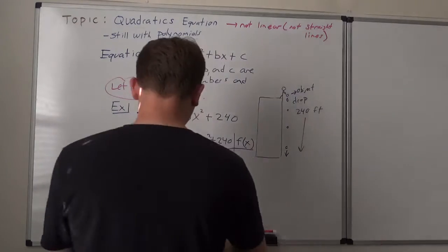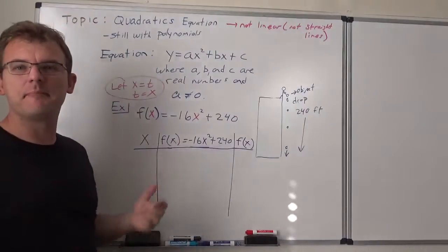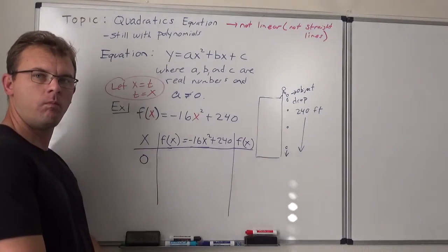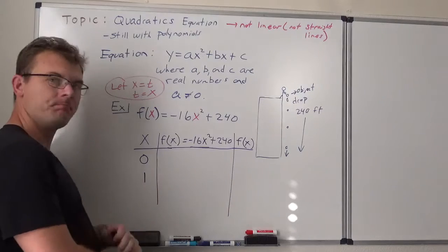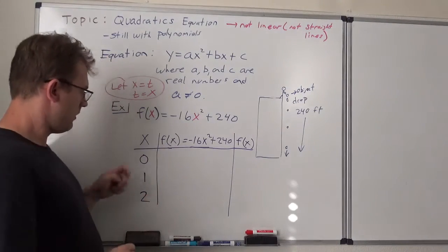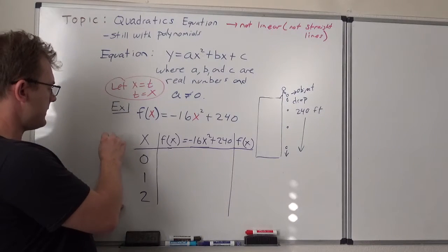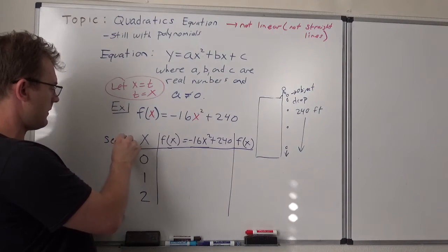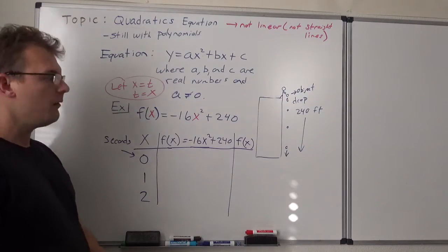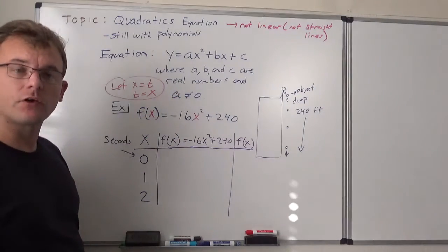So pick some numbers. I want to pick 0. I want to pick 1. And maybe 2. So what this means, this should be seconds. We're going to call this seconds, because it takes time for it to hit the ground.